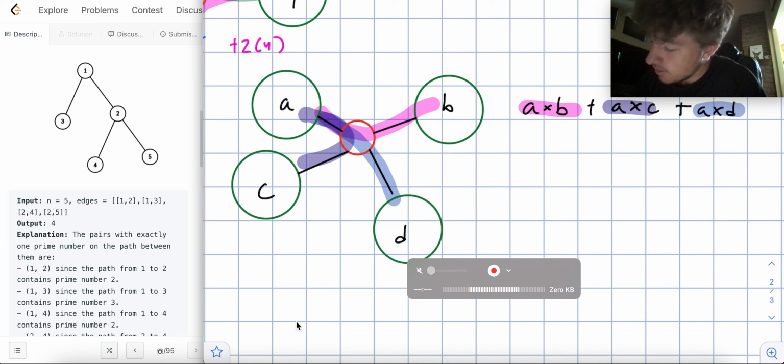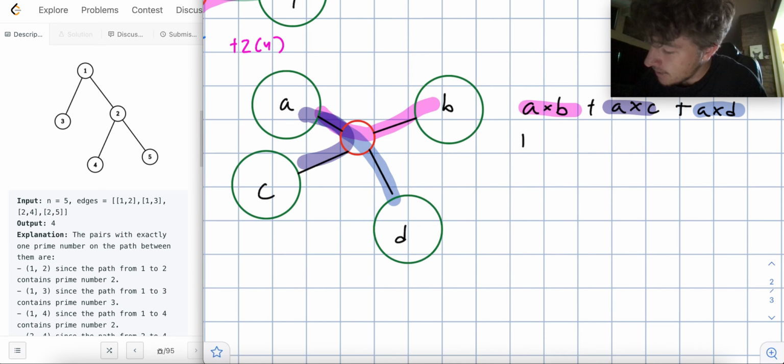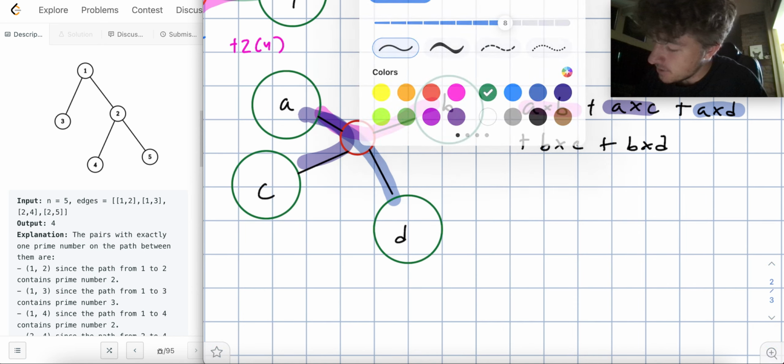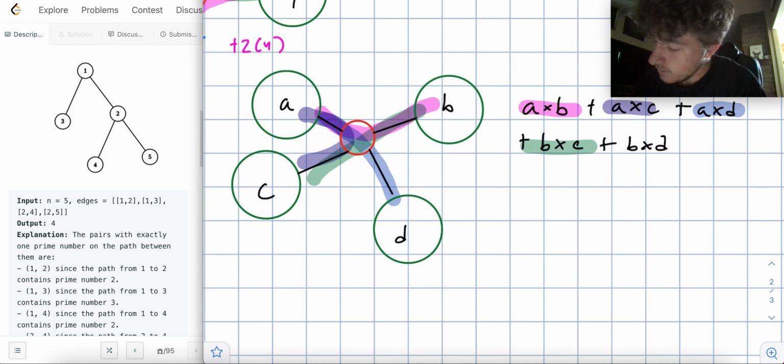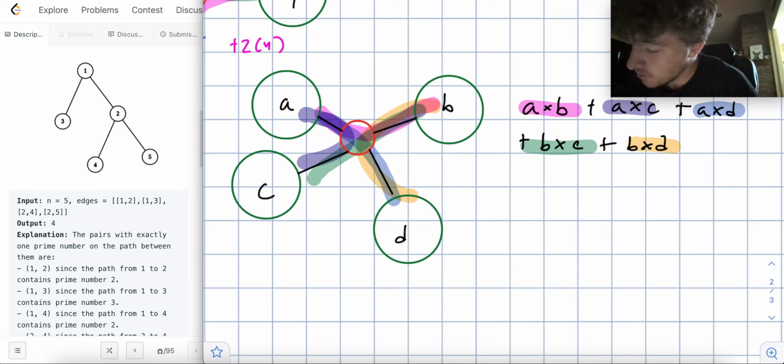So I could also do plus b times c plus b times d. I'm going to run out of colors here, so maybe this isn't the best idea. And then finally I can do plus c times d. So that would be just for 4.